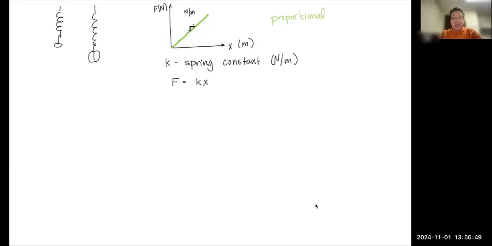And I am, for this one, going to add a little absolute value here, because at this level of physics, I don't want us to worry too hard about the positive and negative of this spring force.